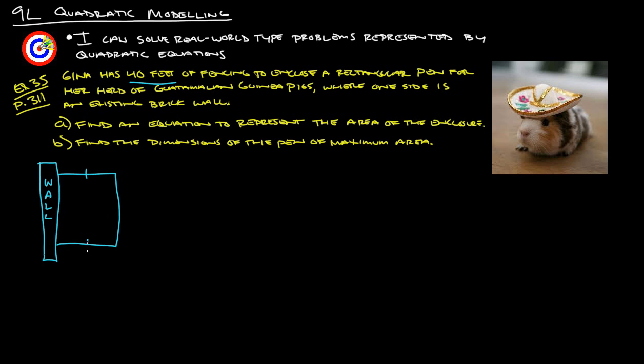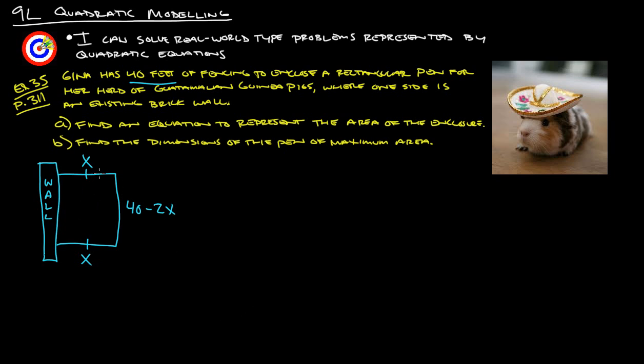Let's call, well, we know that if we're doing a rectangle, these 2 sides are the same. So let's call these sides x. We start with 40 feet of fencing, and then we've used 2x for these 2 sides.